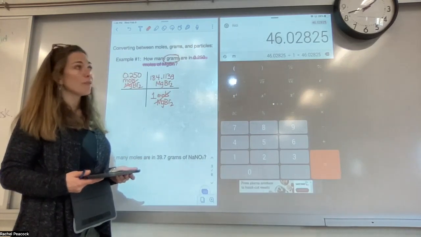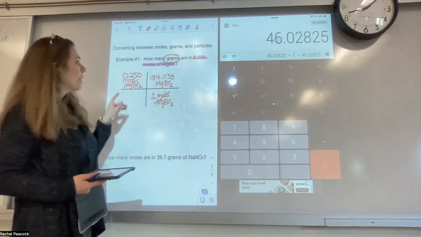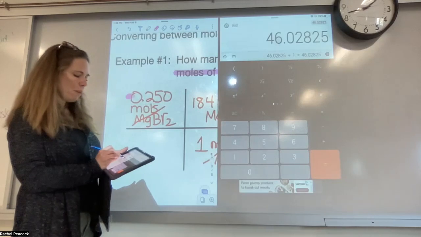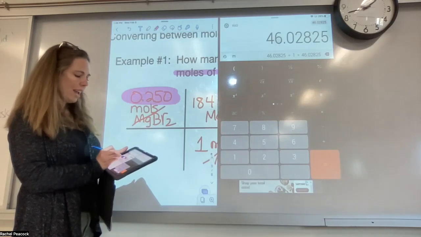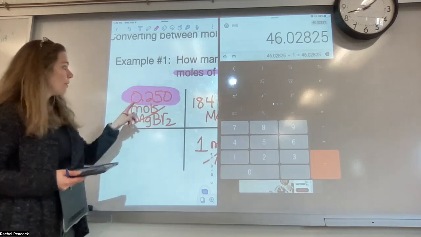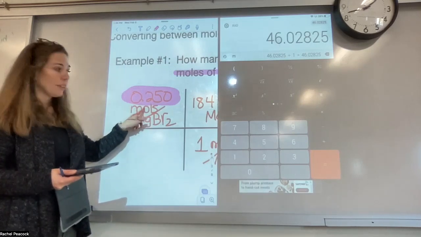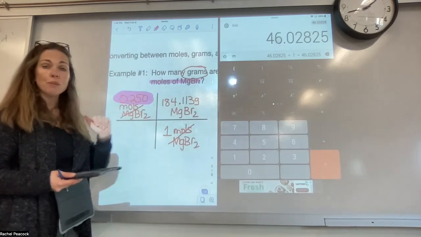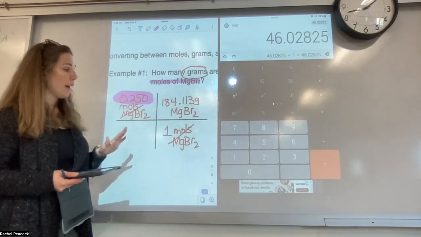This is why we learned about sig digs first. You have to look at what we started with. Your answer cannot be more specific than your initial measurement, okay? Now, conversion factors, remember, rule number 5, you don't have to worry about conversion factors, okay?